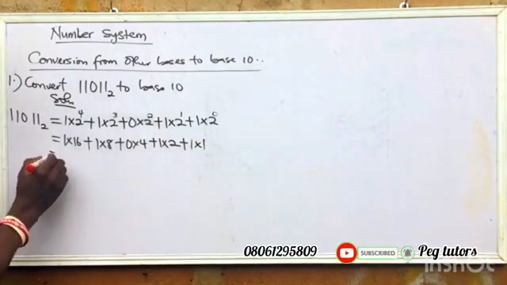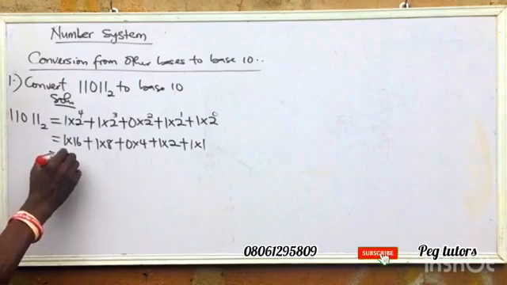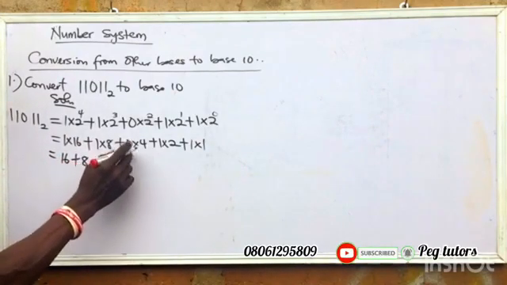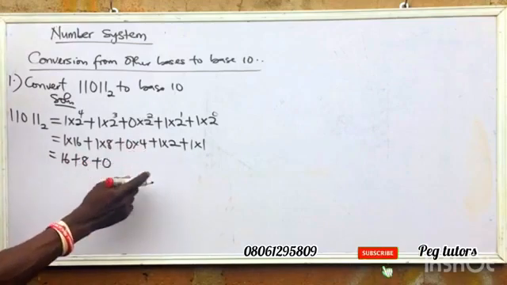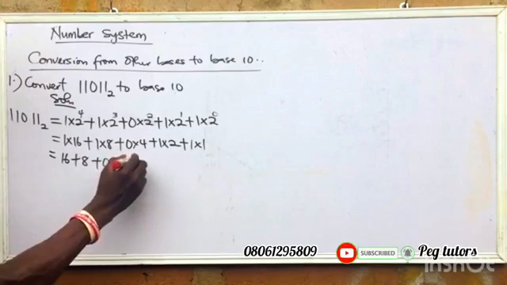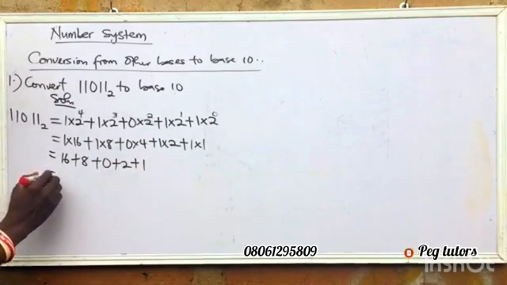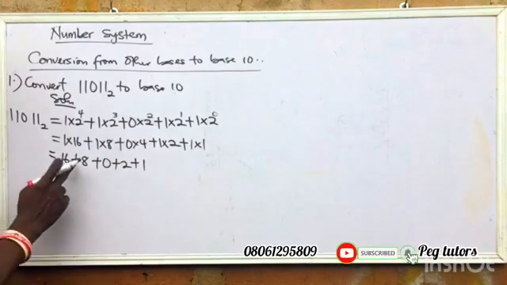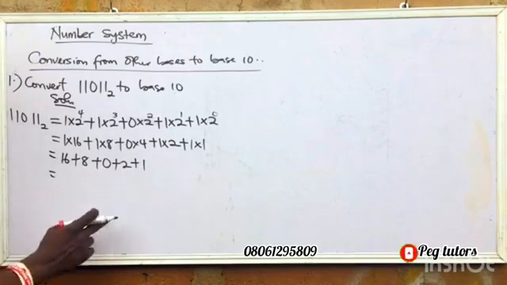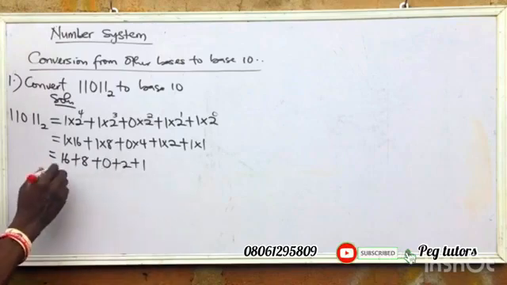Now let's simplify this. 1 times 16 is 16, plus 1 times 8 is 8, plus 0 times 4 is also 0. Then 1 times 2 is 2, 1 times 1 is 1. So 16 plus 8 will definitely give us 24, plus 4... 24 plus 2 is 26, plus 1 is 27, that's 29 altogether.